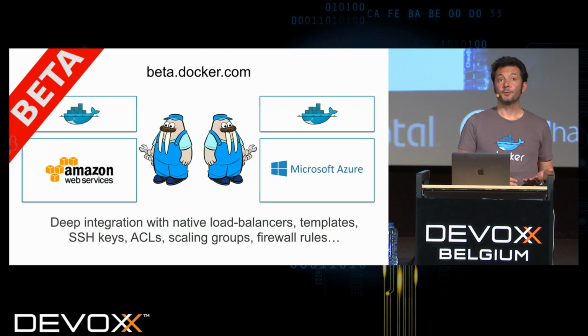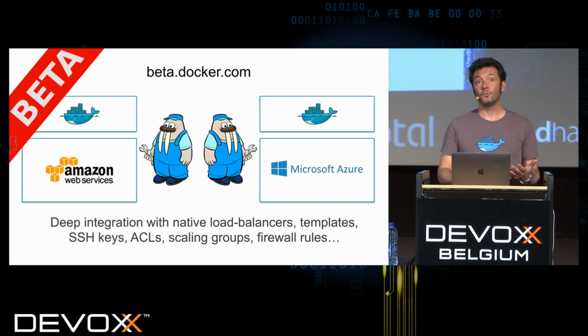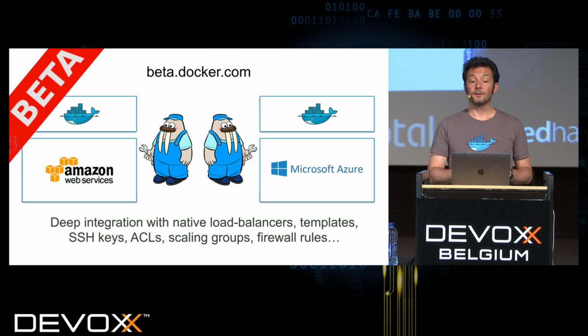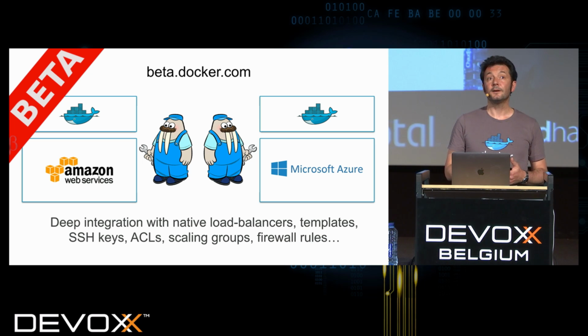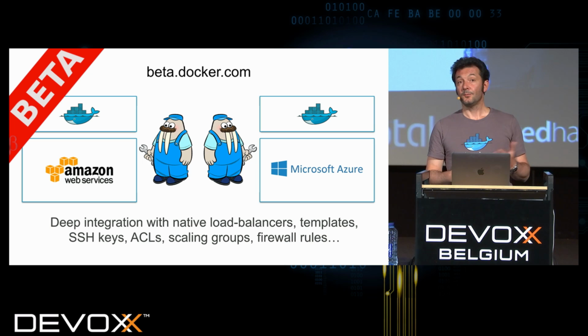Now, in terms of ops experience, ops very often want to deploy on certain cloud platforms. So Amazon and Azure are the two most popular ones. So we created Docker for Amazon and Docker for Azure. They're beta, but they used to be private beta. They are open beta now, so you can play with that today.